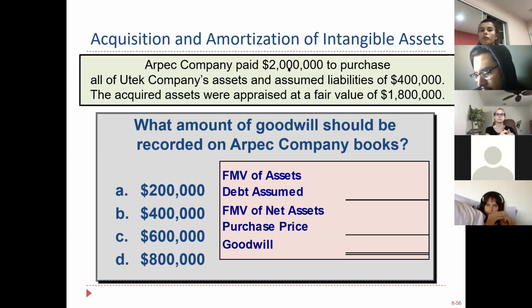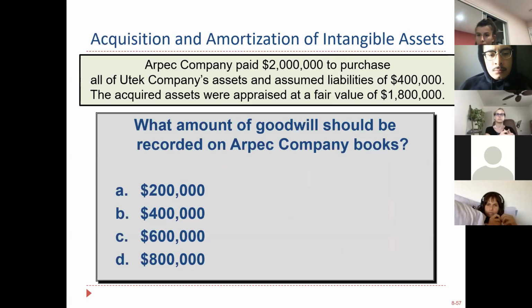We paid $2 million for this company, and the acquired assets we think are worth $1.8 million. We have to, of course, pick up their liabilities. So how do we calculate the goodwill? Well, the goodwill is the 1.8 million fair market value, not their number.